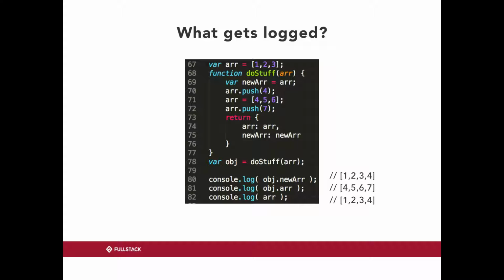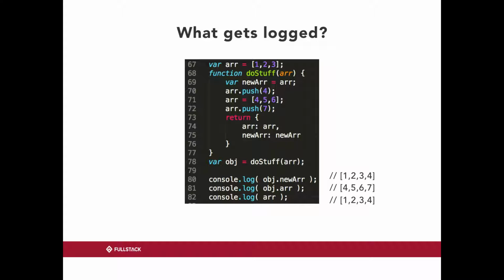But this 4 is being referenced by everyone, so everyone gets a 4 added to their array here. And then in line 71, let's create this other thing, 4, 5, 6, okay? And let's set that equal to the local ARR, right? So now this changes back to this. Everyone good so far?